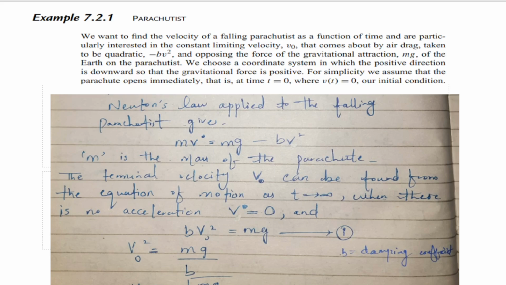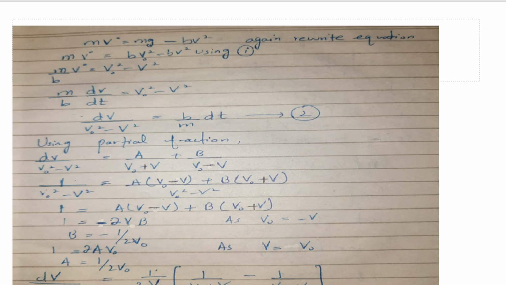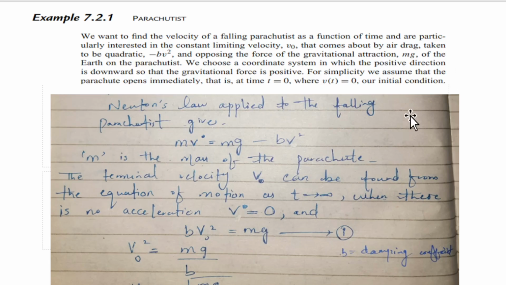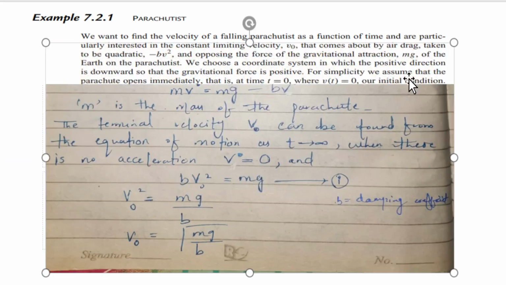Further, taking the value of the terminal velocity, which is the velocity of a falling parachutist, it is the square root of mass times gravity over b.